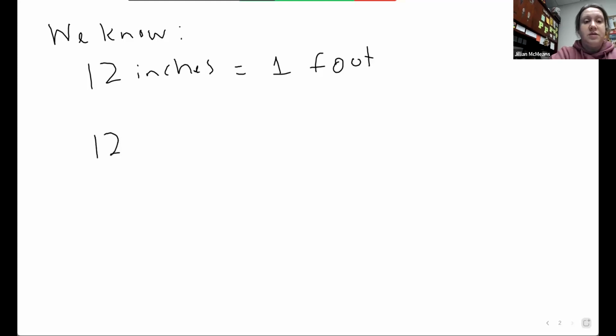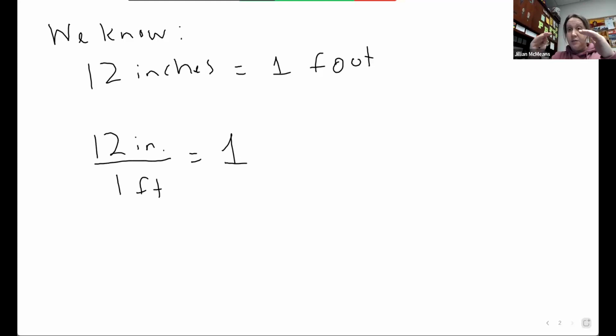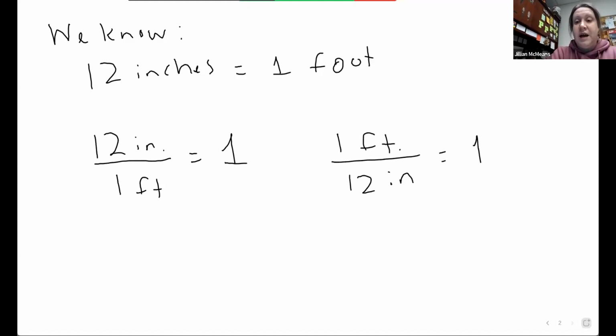So we could write this as 12 inches. Notice my abbreviations. Over 1 foot. Well, that has a value of 1 because we're taking the same length, dividing it by exactly itself. You could also write this as 1 foot over 12 inches. Again, you're going to have a fraction that equals 1. And in math, a lot of times we use the word 1 and unit interchangeably.